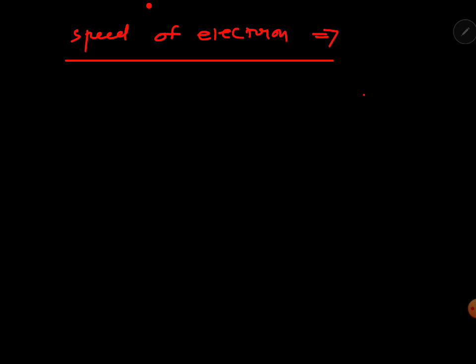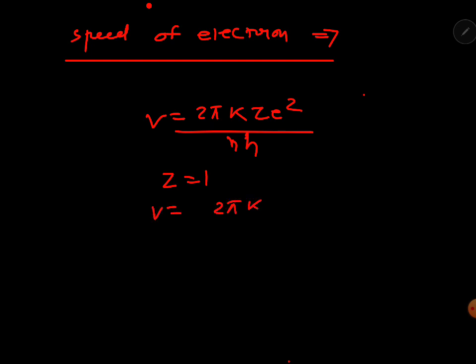Also we can compute the speed of the electron in a particular orbit. We know that v is equal to 2π k Ze² upon nh. So for hydrogen Z is equal to 1, so v can be 2π ke² upon nh.